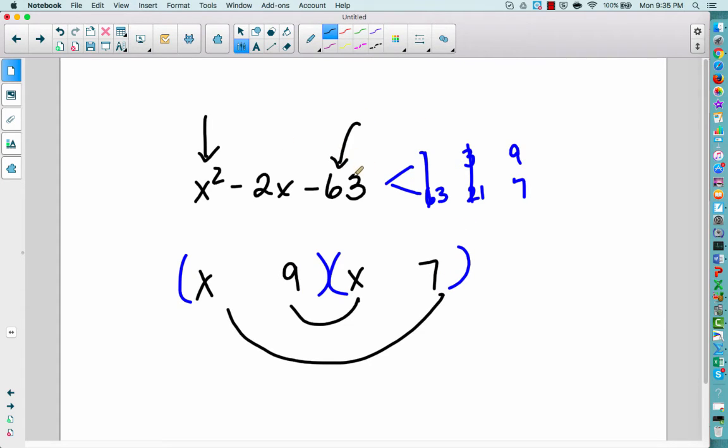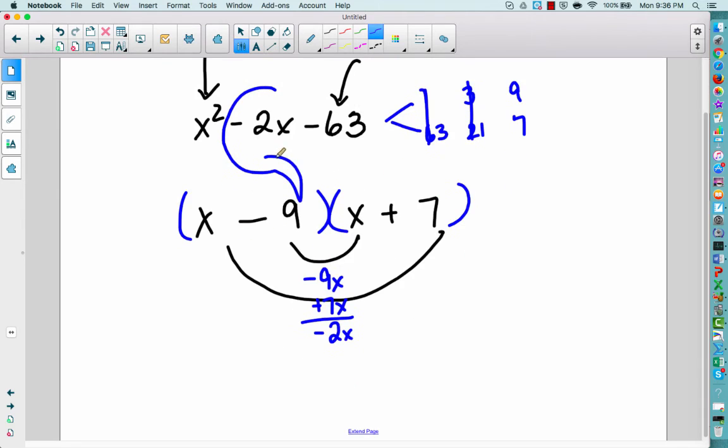They multiply to a negative number, and they add to a negative number, so one's negative, one's positive. In this case, the larger term would have to be negative in order for them to add to a negative 2, but I'm going to multiply them anyway just below to check. Do they indeed give me a negative 2x? They do. I've checked myself, and so I've factored it.